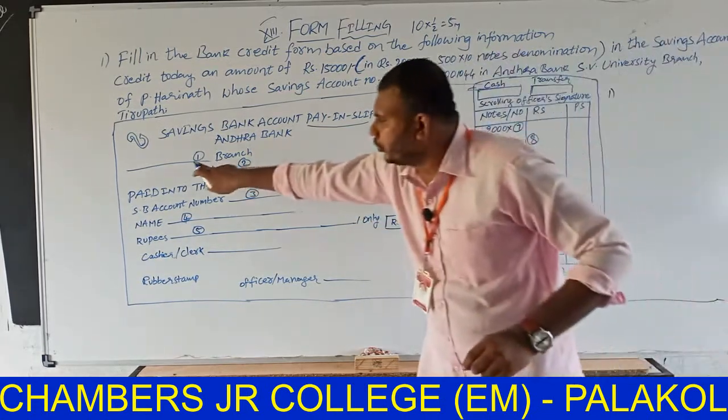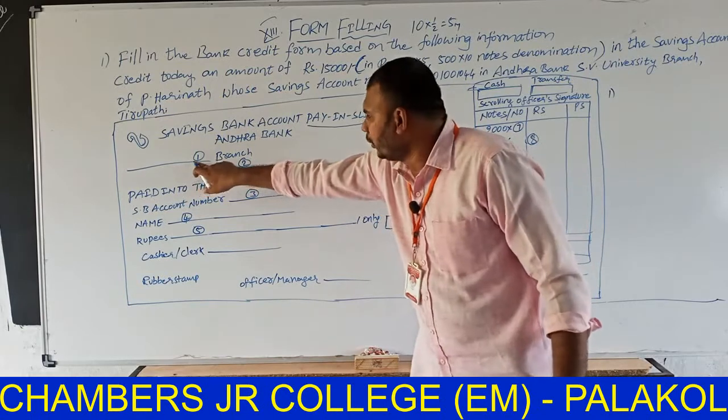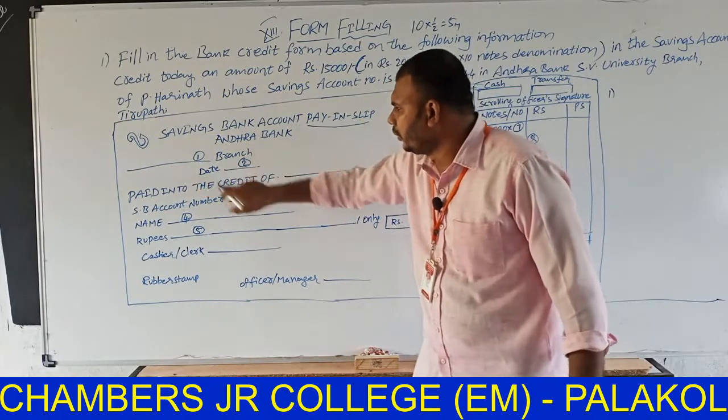See, the first number is placed before the branch and the second number is placed before the date column.